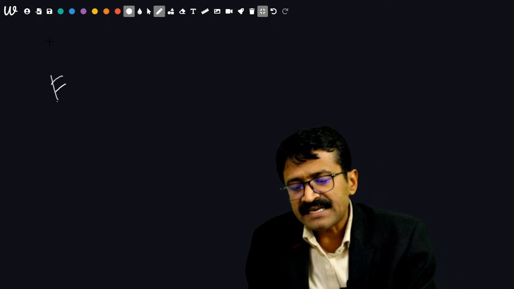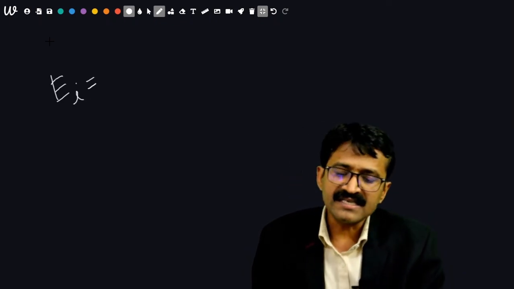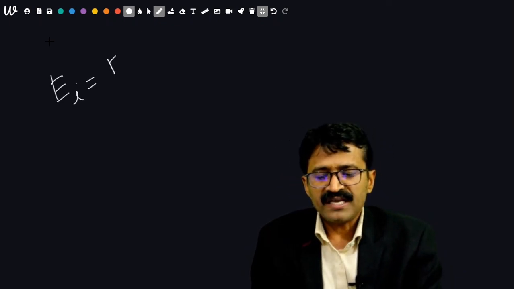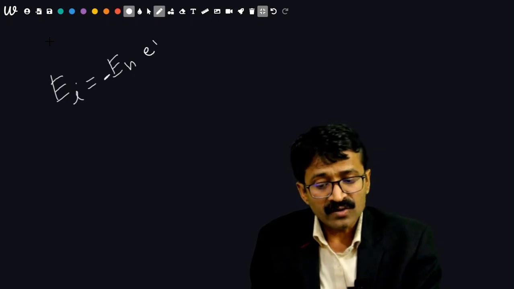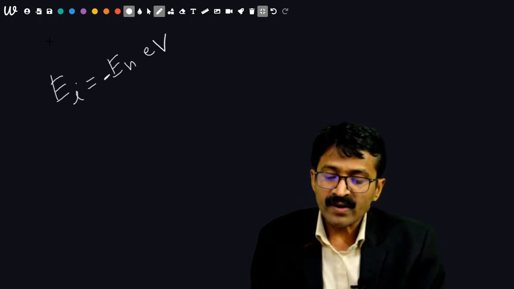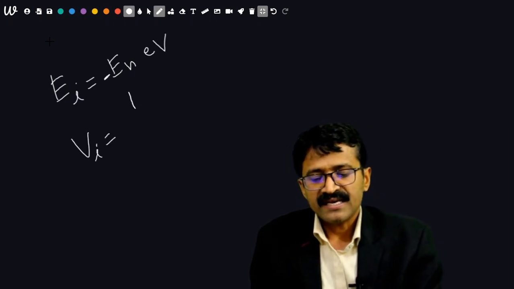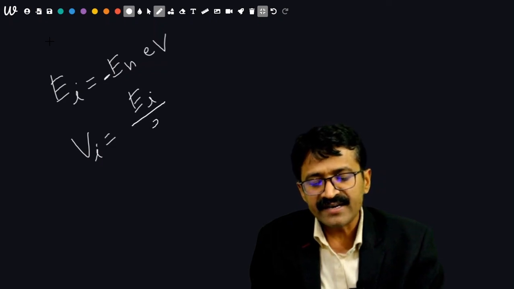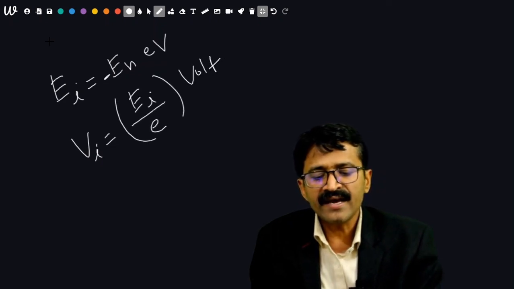Ionization energy is E ionization equal to minus E n, taken in electron volt, while ionization potential is E ionization divided by e, measured in volt.